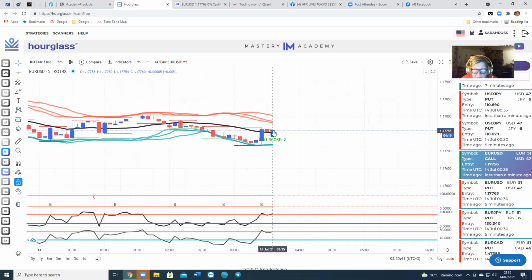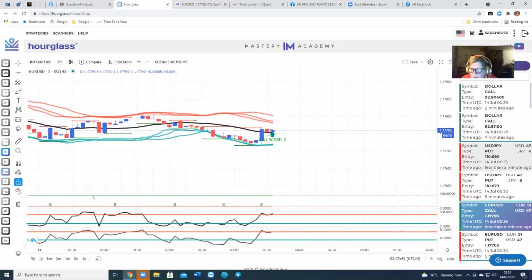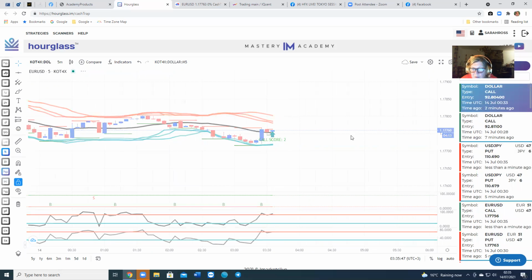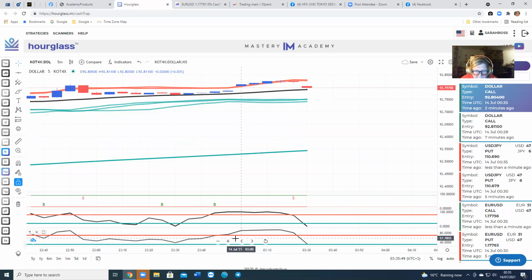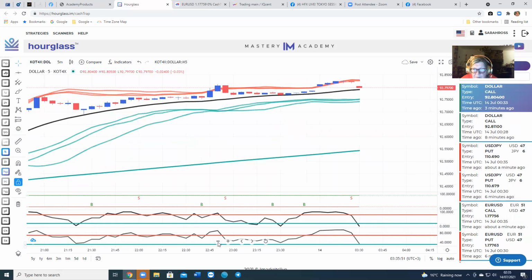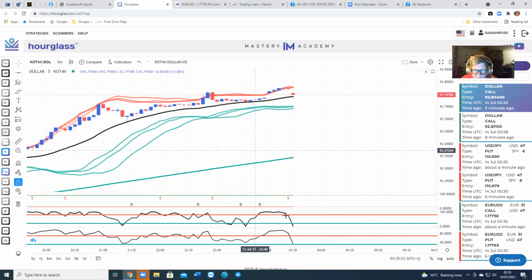So it looks like it's moving up. The dollar moving down. Oh, dollar's a call though, but it hasn't turned yet. So the dollar is right in the oversold area, and that should be turning. It's still pointing down, even though it says a call. It's still a red candle. So we want that.